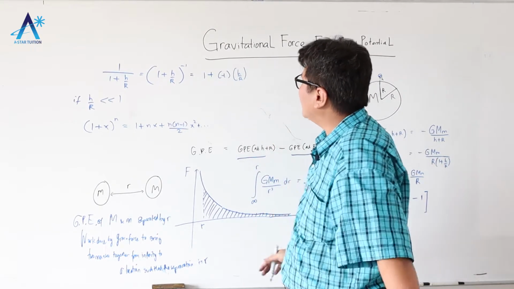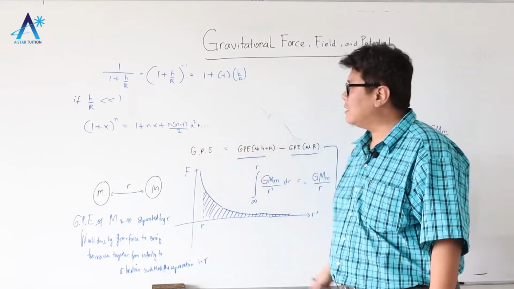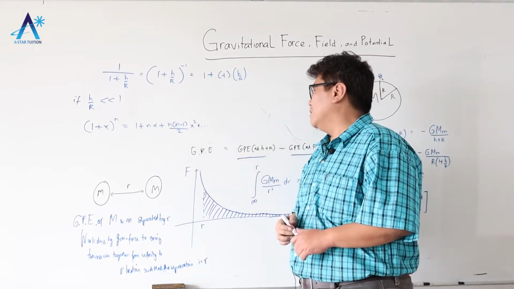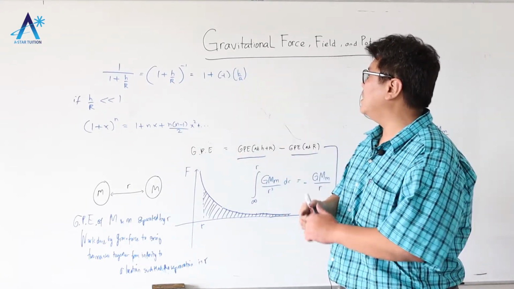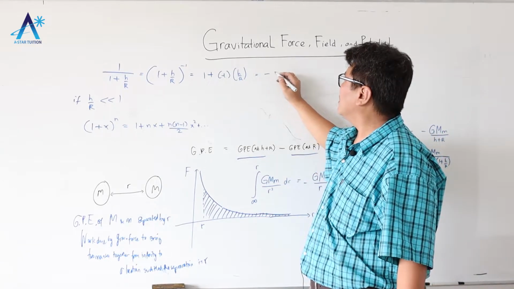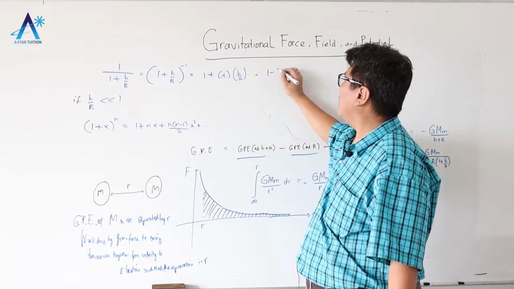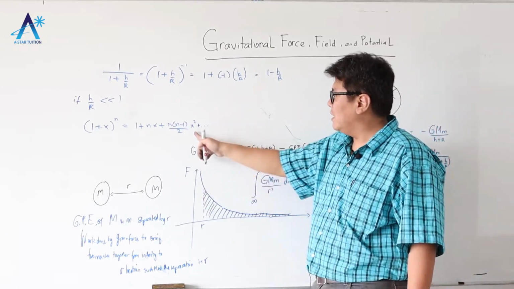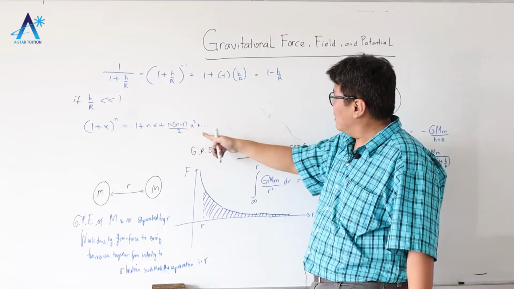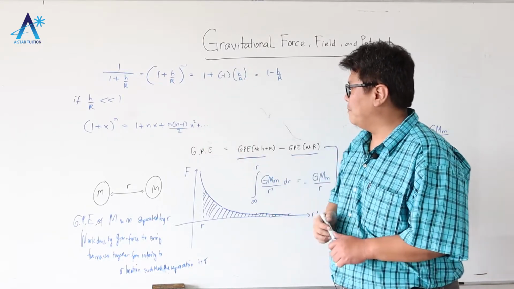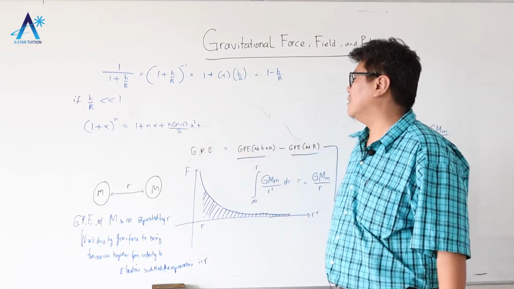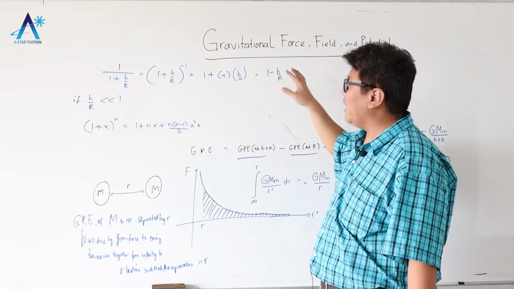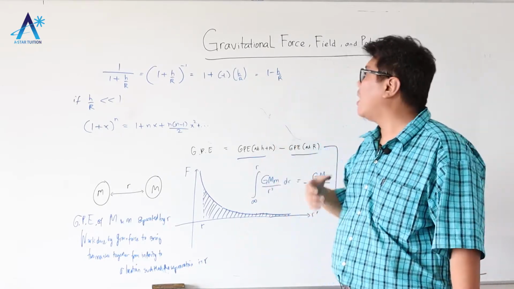In this case we don't really need the next term, it is going to be much too small compared to that. So this becomes 1 minus h over r. It's that simple. We don't need the quadratic term, h squared over r squared.